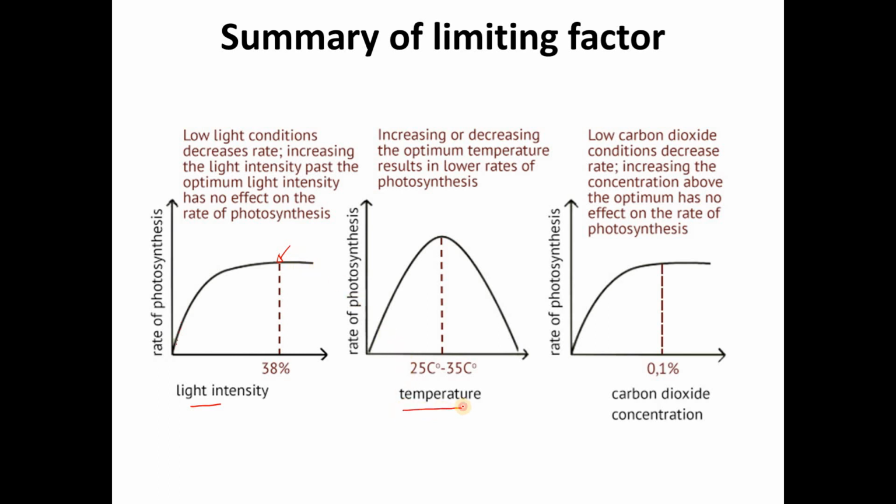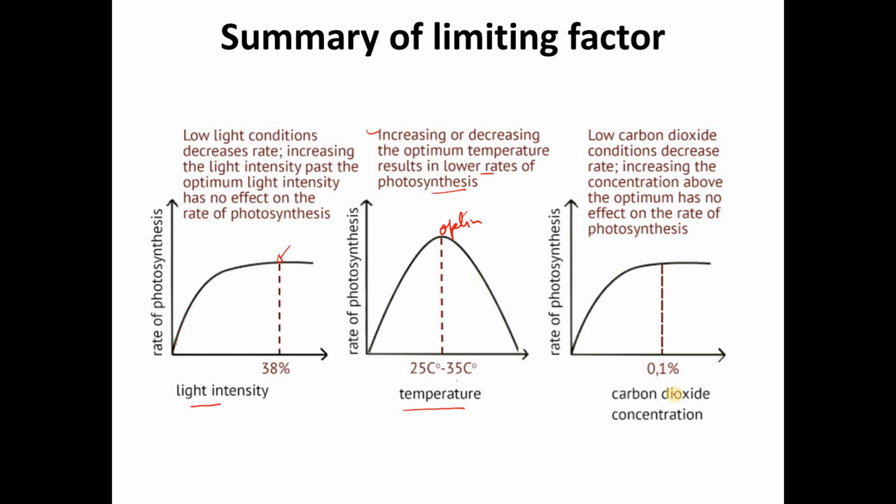For temperature, as we discussed, going above or below the optimum temperature results in a lower rate of photosynthesis. The optimum value is around 25 to 35 degrees Celsius. If we go below it or above this optimum temperature, it will show a change on the decreasing side.